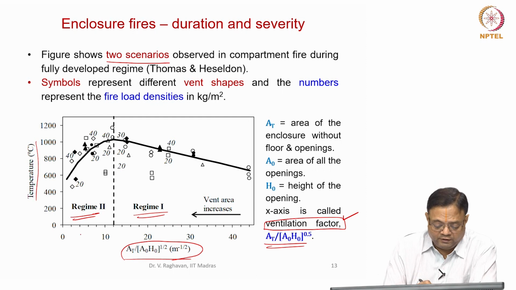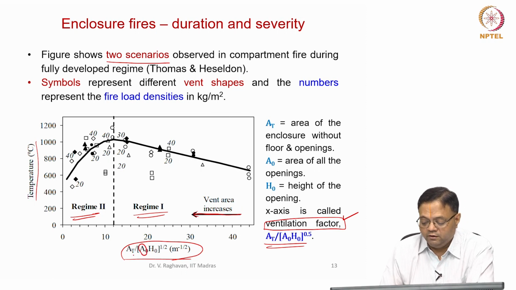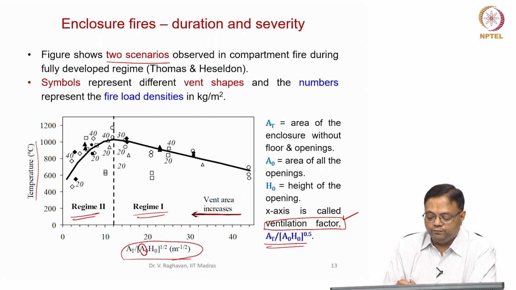Now let us take this. When you say the ventilation factor, the area of opening is in the denominator. That means higher the ventilation factor, the vent area or the air entrainment area actually decreases. Okay. So this arrow shows that the vent area increases from right to left.